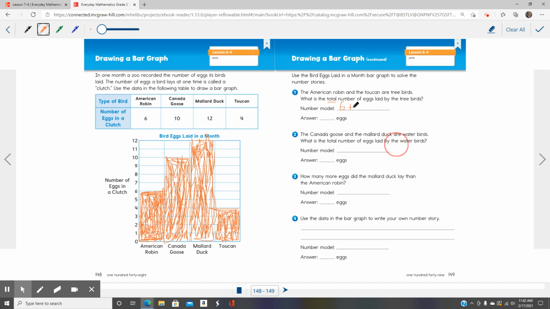Looks like I have some Minecraft looking numbers right there. They're kind of squarish. Equals. And I know that 6 plus 4 equals 10. Okay. I am getting a little bit better, I've got to say. All right, very proud of myself. So the answer is 10 eggs total.